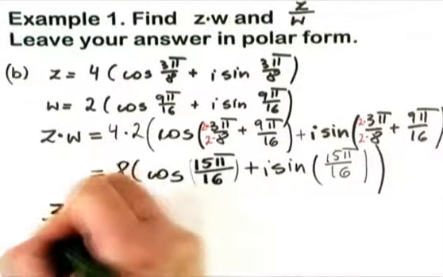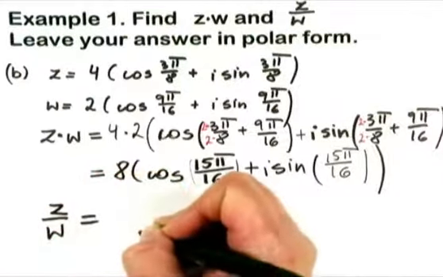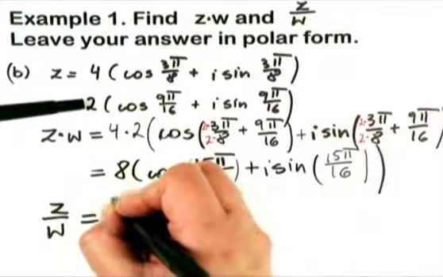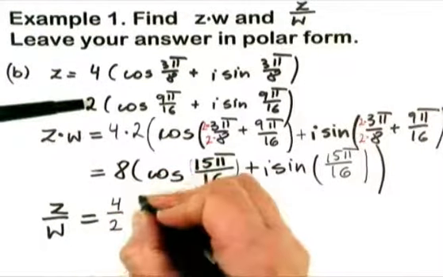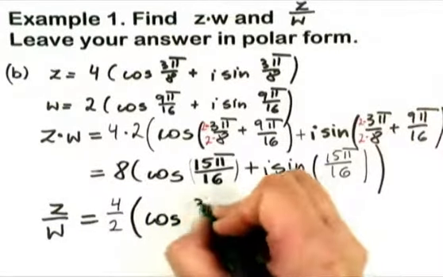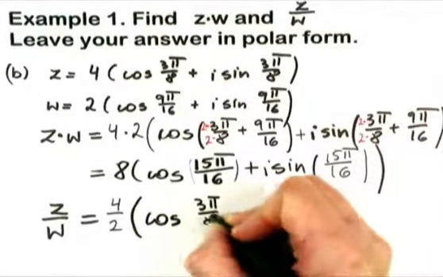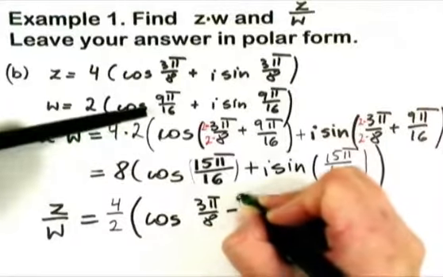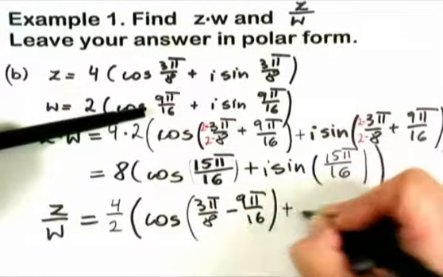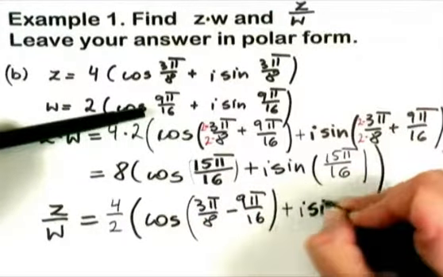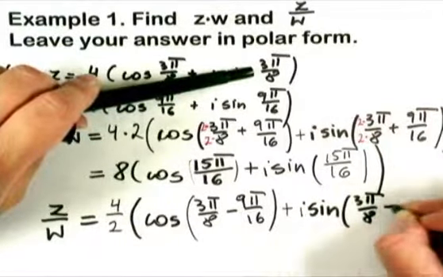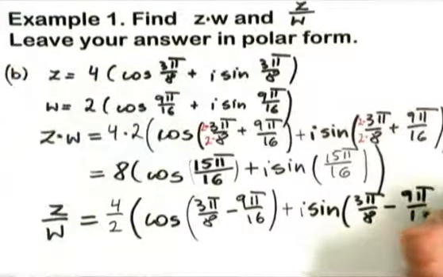So z divided by w. We divide the r's, so 4 divided by 2, and then we have cos, and we subtract 3 pi over 8 minus 9 pi over 16, plus i sine, and the same 3 pi over 8 minus 9 pi over 16.